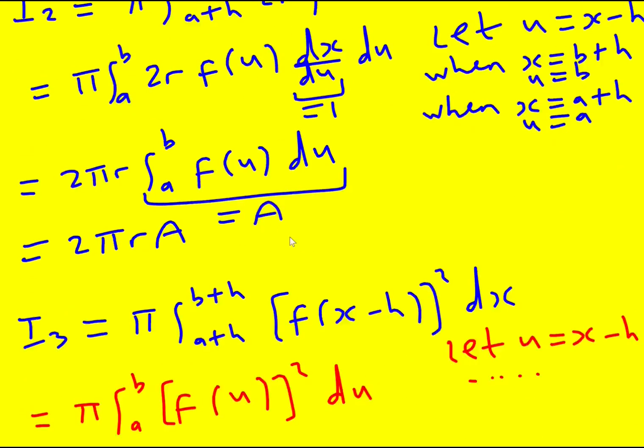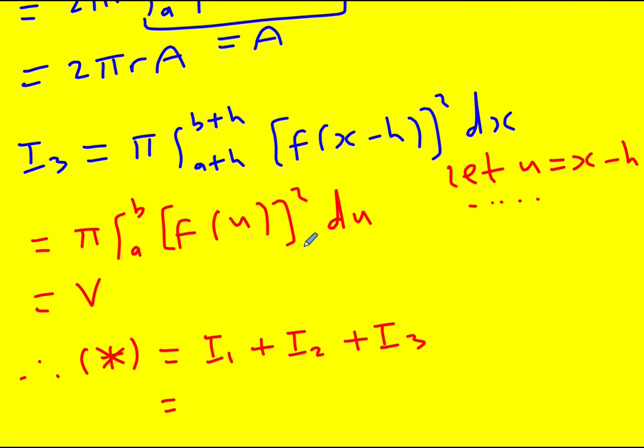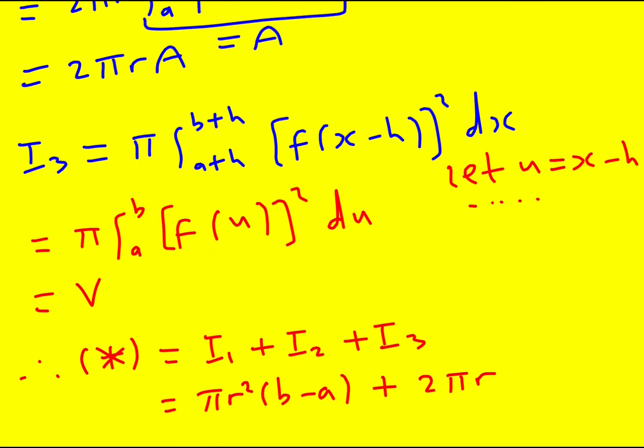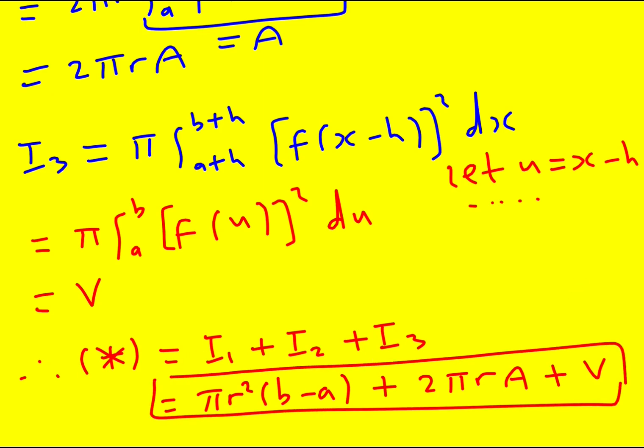I1, remember, was pi r squared, b minus a. I2 was 2 pi r, which we took out, and then we multiply it by a. And I3 was simply v. And that is the result that we're asked for.